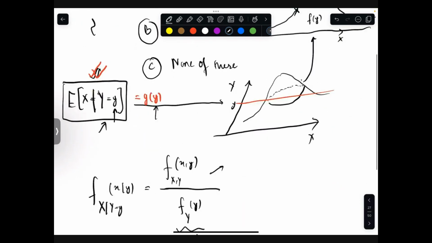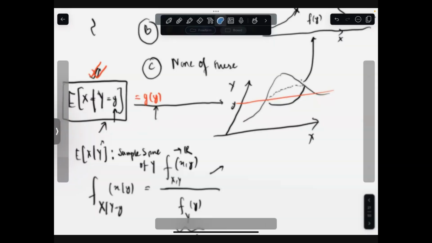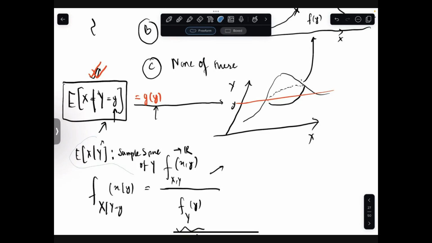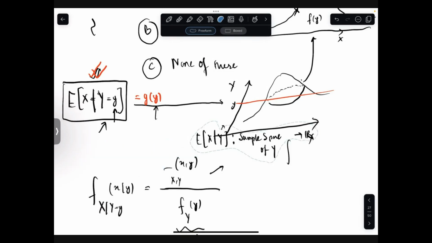So therefore, what is this? This is nothing but a function that is taking in, from the sample space of Y to some real number. That means what? It's nothing but a function that changes y.